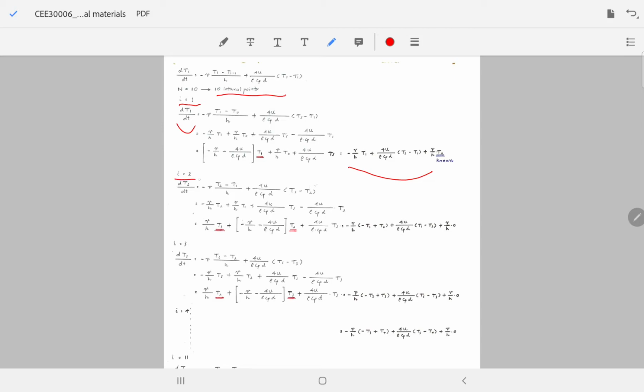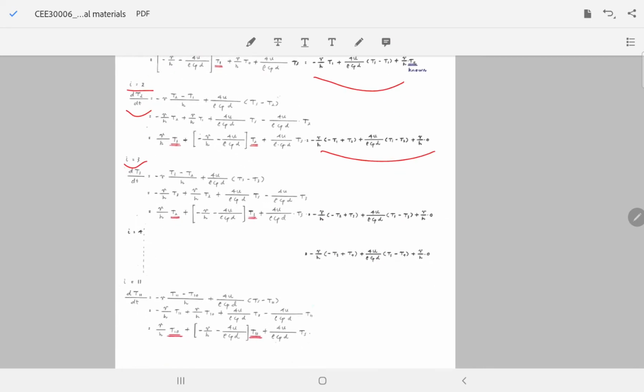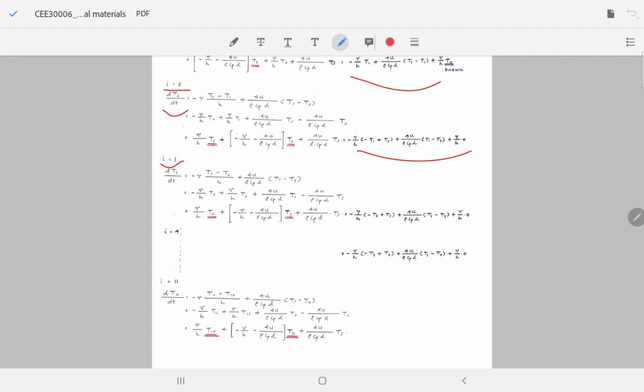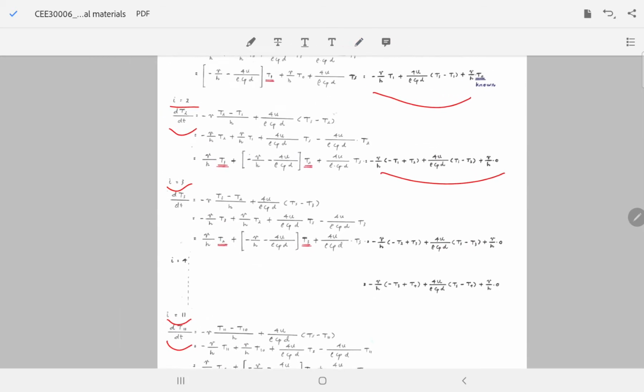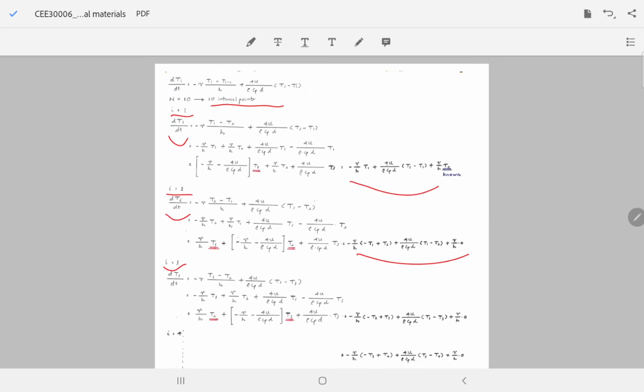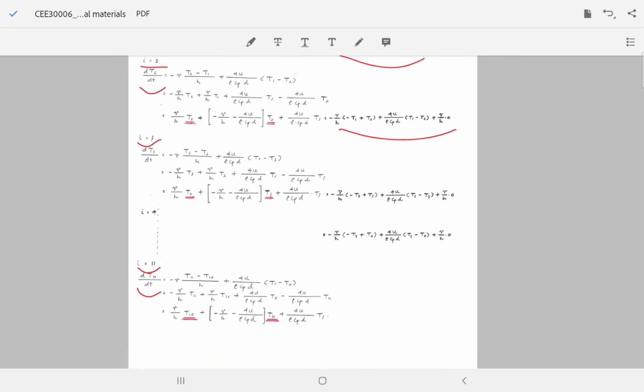For i equal 2, you will have another ODE, i equal 3, and so on. Let's say I move it here, so you have i equal 11, then you will have another ODE again. So in essence you will have 11 ordinary differential equations.